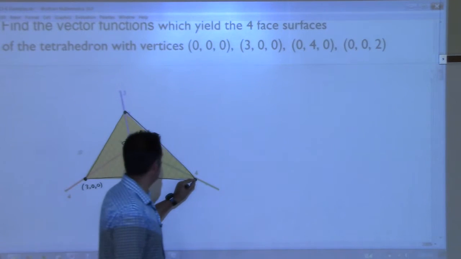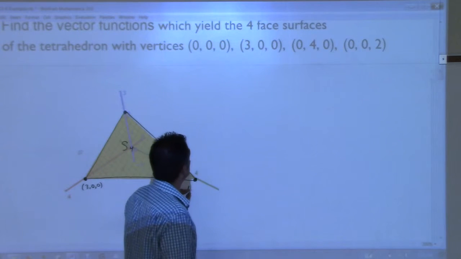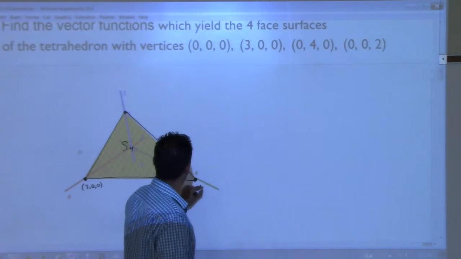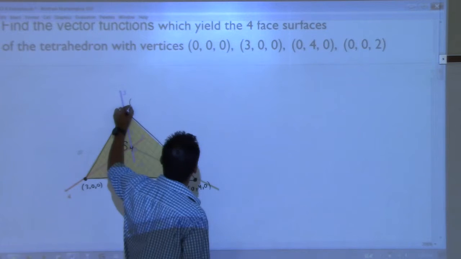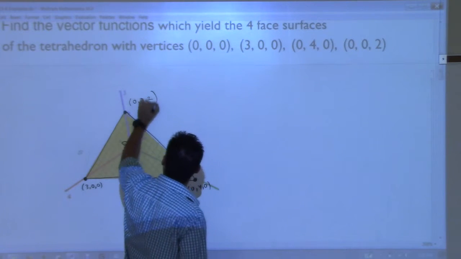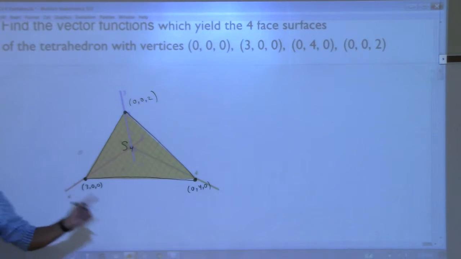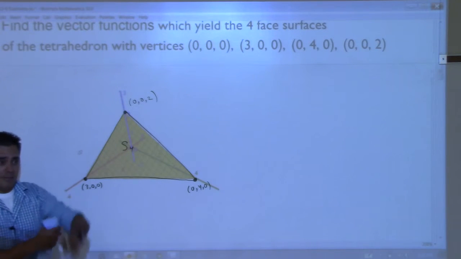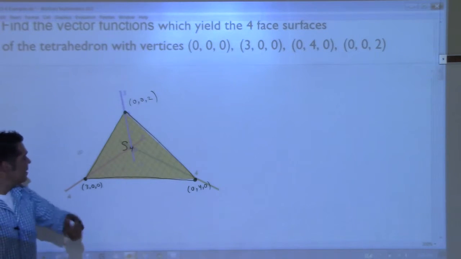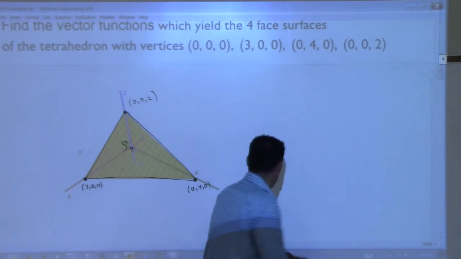This was 0, 4, 0. And this point here is 0, 0, 2. So what I'm going to first do is find the equation of that plane. To find the equation of that plane, I have to make 2 vectors, cross them, and that'll give me a normal, won't it?